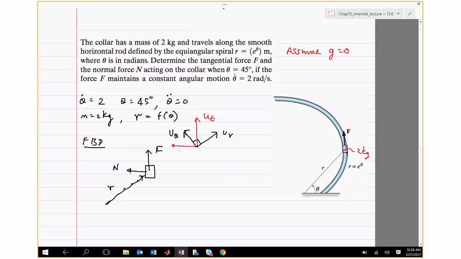Okay, so what I had written down earlier was that you can find the angle made by R and N. This angle is psi, and you can find that psi by doing tan psi equals R divided by dr d theta.